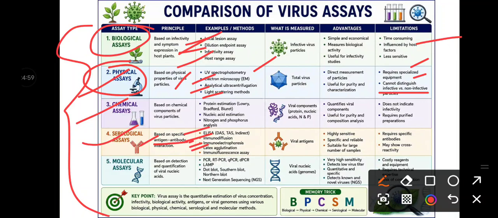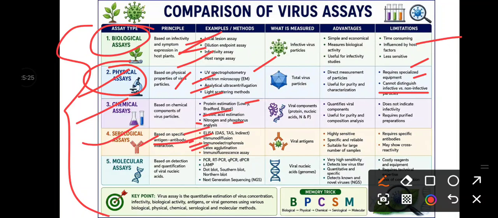Then about the chemical assay, an assay based on the nucleic acid as well as the protein. For protein estimation, the Lowry, Bradford, and Biuret assay methods are used, and for nucleic acid estimation, generally the 260 by 280 nm ratio is used, which is estimated using a spectrophotometer. Nitrogen and phosphorus analysis I have already told.